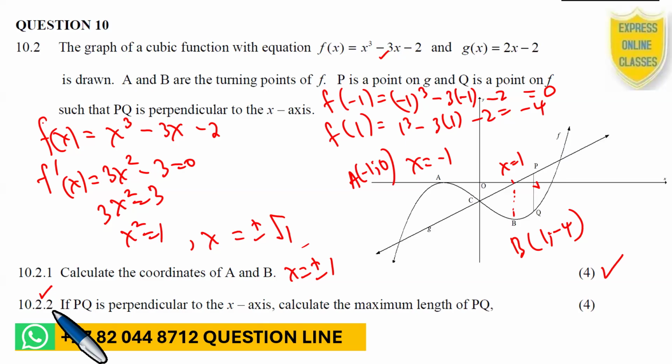So we continue with exactly what we need to do.